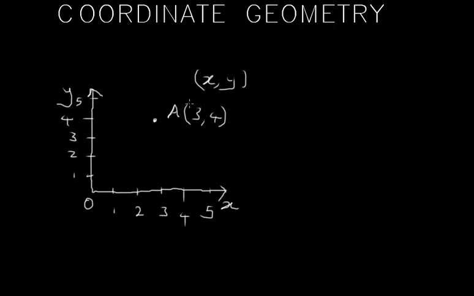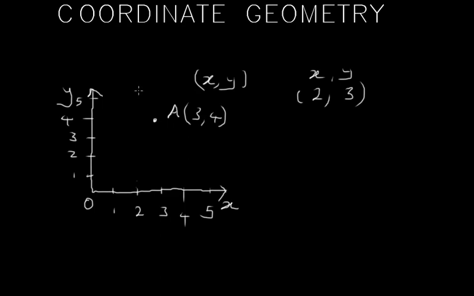So if I was to tell you to identify a point which has the coordinates 2, 3, you know that the first coordinate is the x, and the second coordinate is the y.